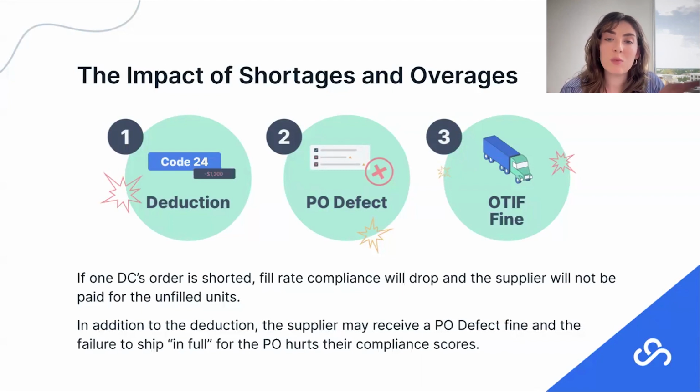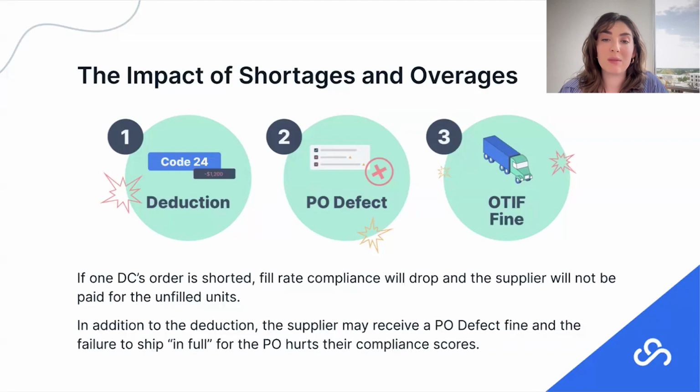And then because Walmart's compliance programs don't talk to each other, they're siloed entities, meaning AP deductions is its own team, SQEP is its own team, OTIF is its own team. You may see a SQEP fine for this overage as well. They really try to make sure they're not overlapping those, but it's a really complicated and complex system.